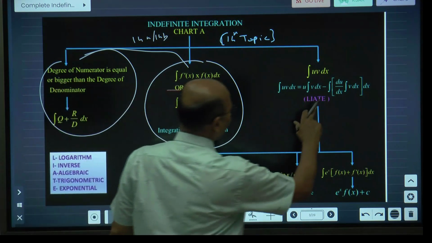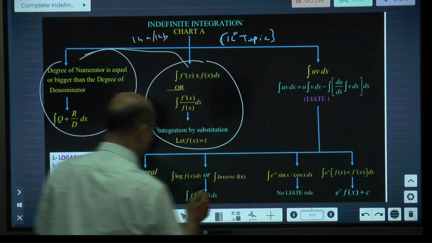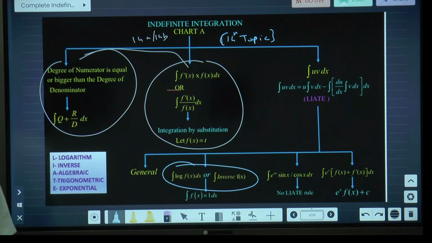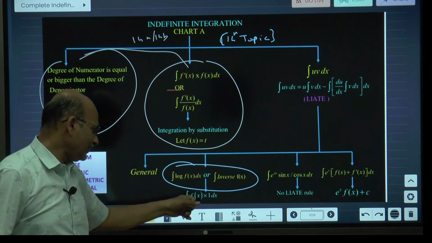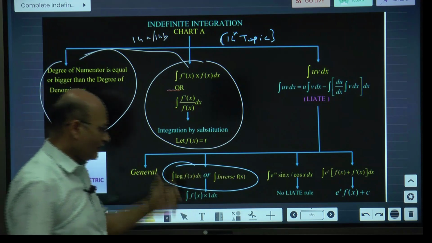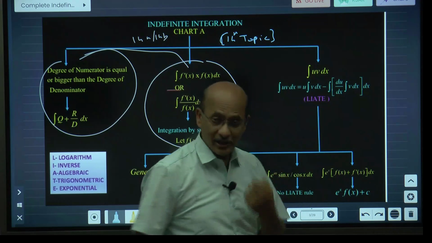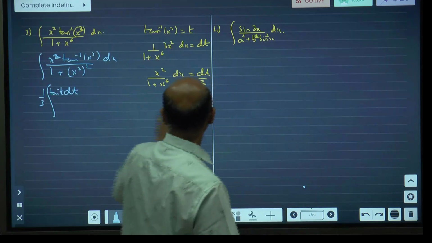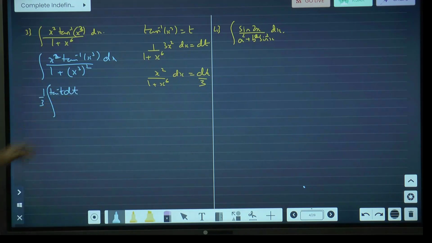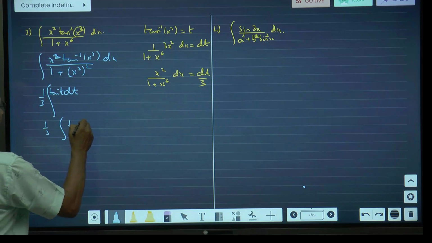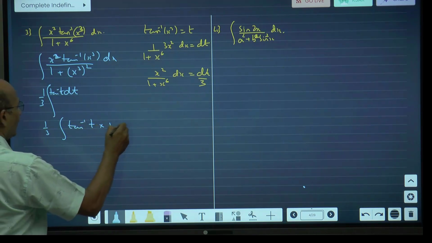Now if you look at this in integration by parts, if the log and inverse are standalone functions, you take the function as it is and multiply by 1 and then do uv. Remember, inverse derivative exists, but inverse integration does not exist. So that's why there is a catch here, this is tan inverse t. So actually the integration has to be done in this format, tan inverse t into 1 dt.